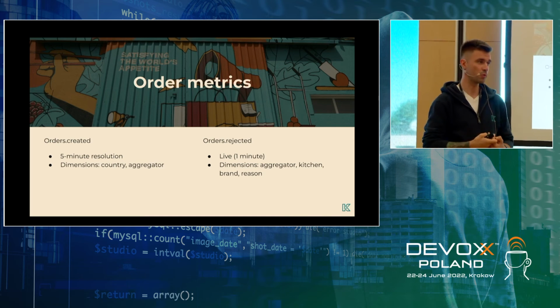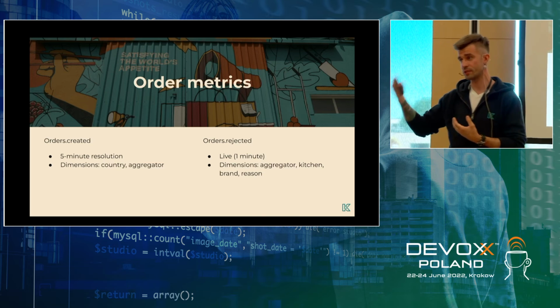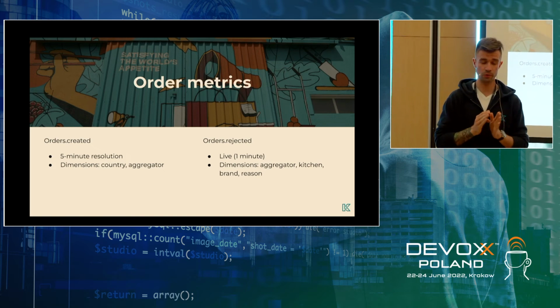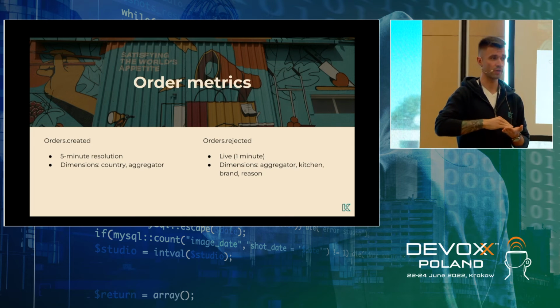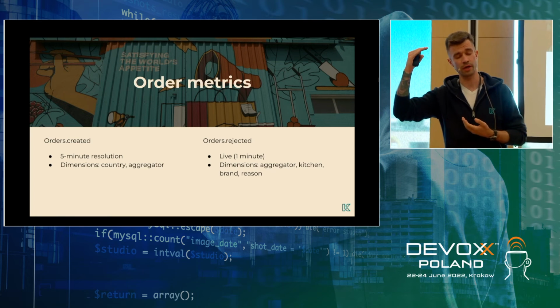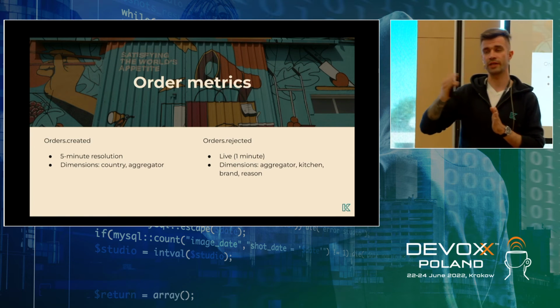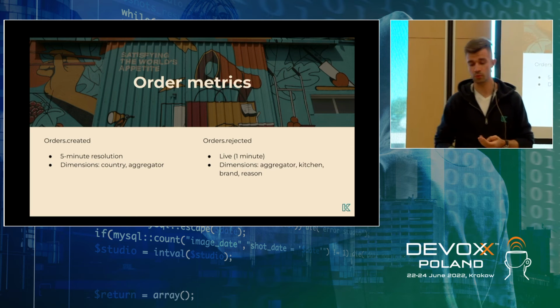Maybe we want to aggregate every 5 minutes. We don't need all the dimensions, all the kitchens, restaurants, etc. We only want the dimensions of country and aggregator. So this is a metric which would have a higher value, but will be aggregated less frequently with fewer dimensions.